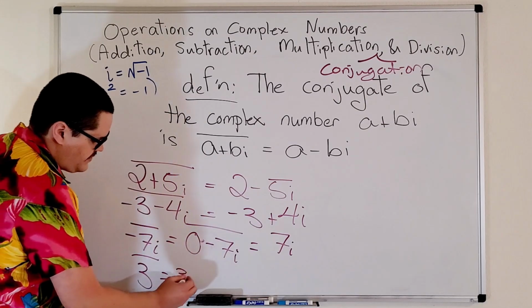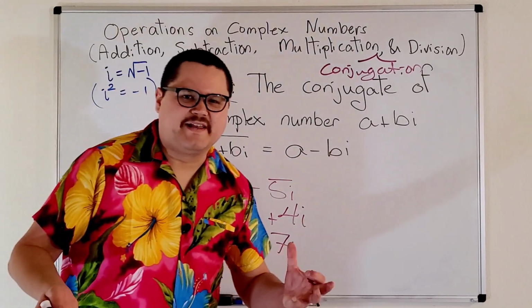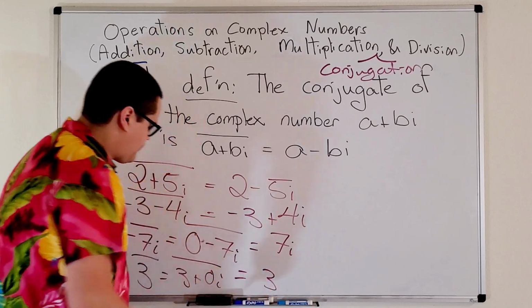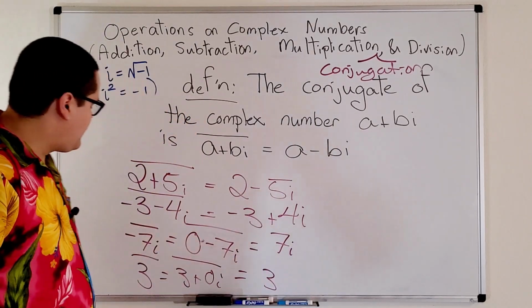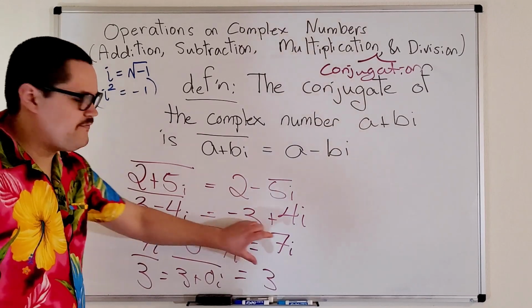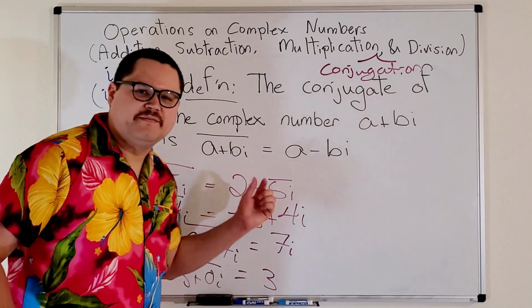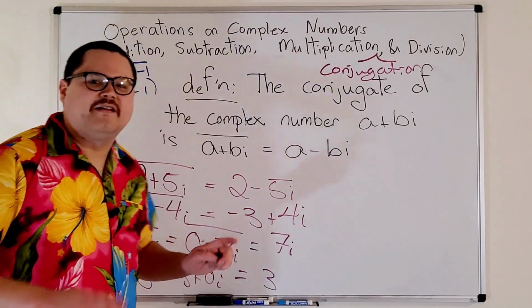Well, 3 is 3 plus 0i, so the conjugate will be 3 minus 0i, which is still 3. So if it's a real number, the conjugate does nothing. If it's purely imaginary, it flips the sign. And if it's a combination of both, you just flip the sign of the imaginary part and leave the sign of the real part the same.